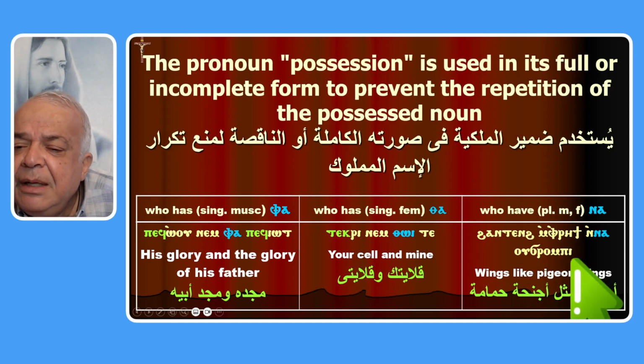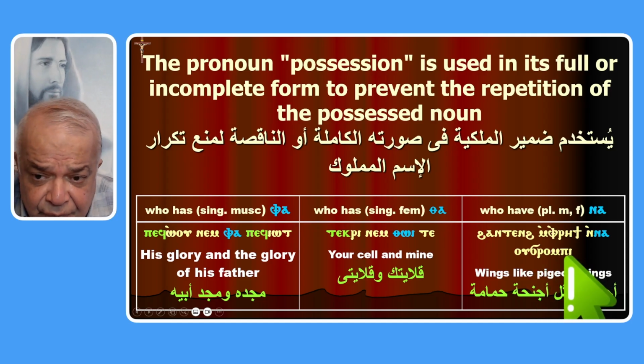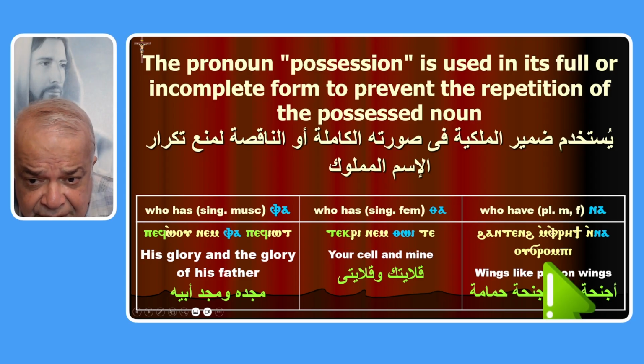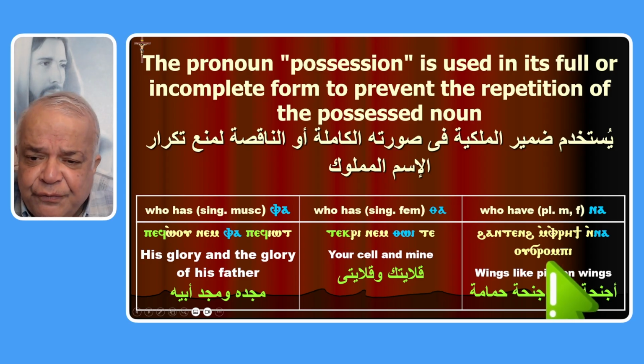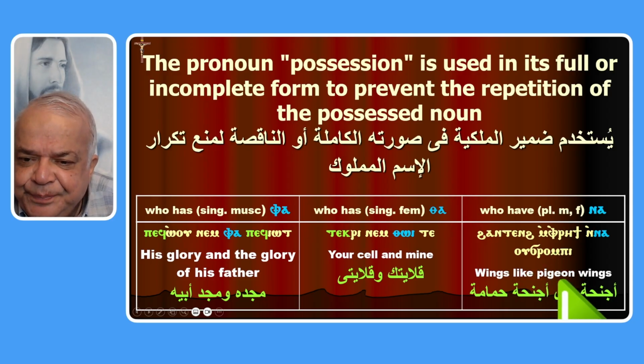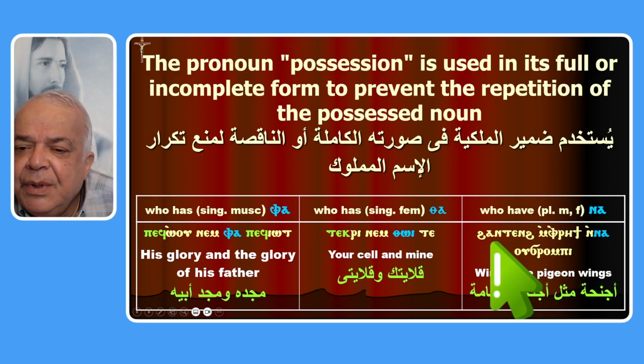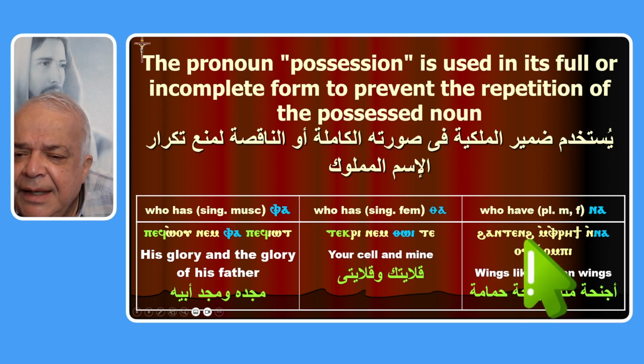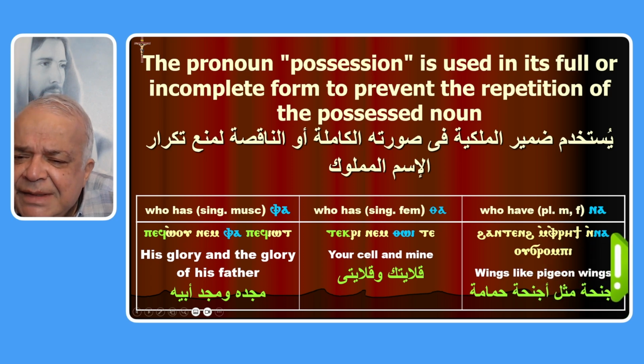Ech rompi means dove. You see? Means dove. Hamama. Or pigeon. So, Han ten, wings, some wings or all wings, similar to the wings of the pigeon or the dove.